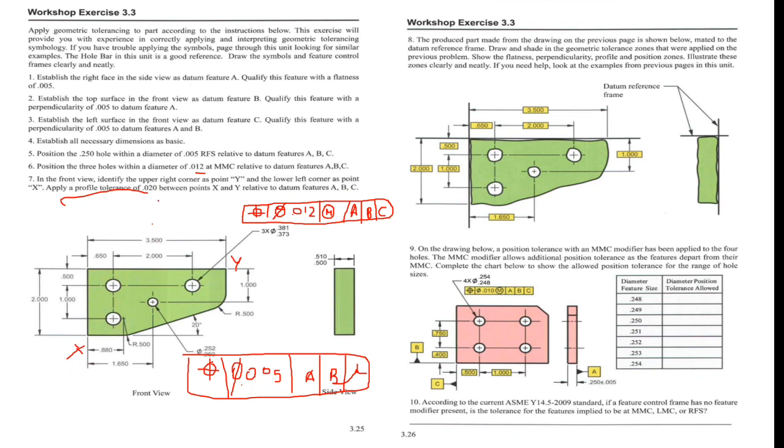The profile tolerance would be like this, 0.02 with A, B, and C. And I have to write down here from X to Y. And here on the produced part drawing below, we have to show the tolerance zone that we applied in the previous problem.